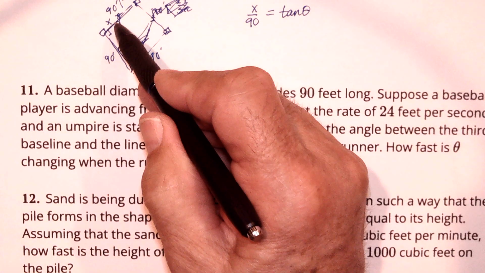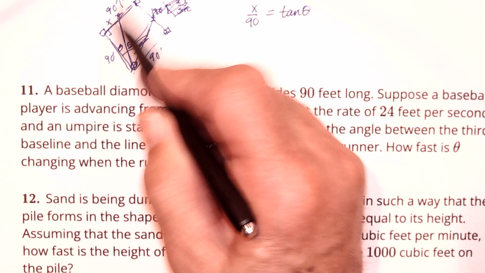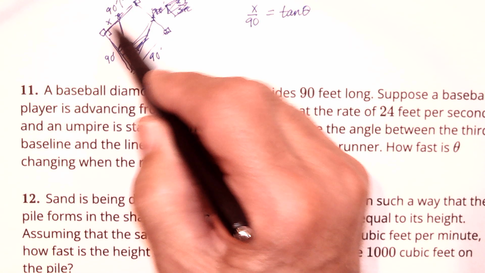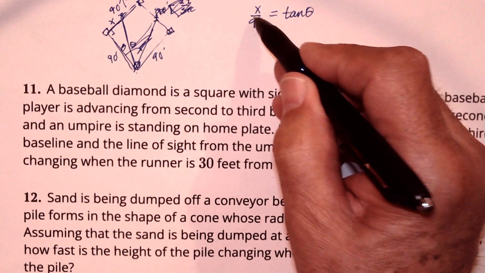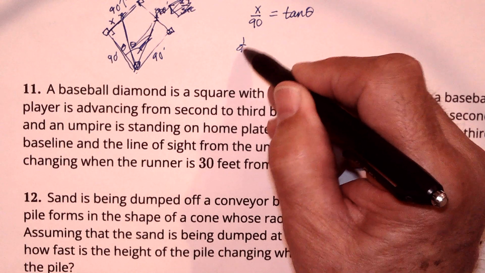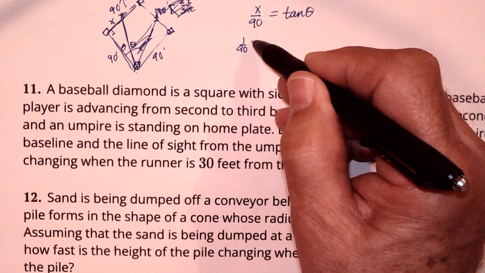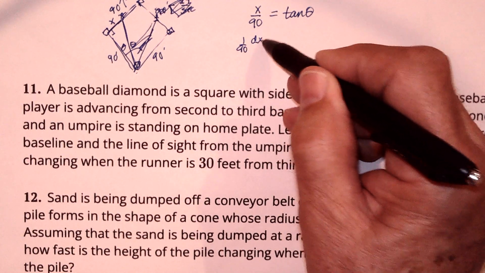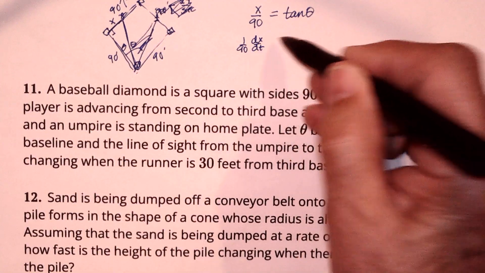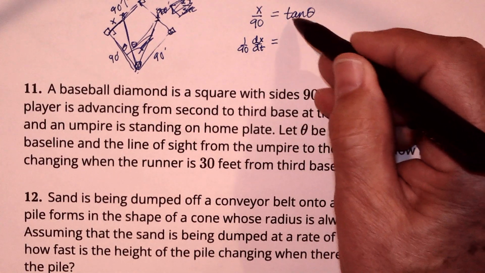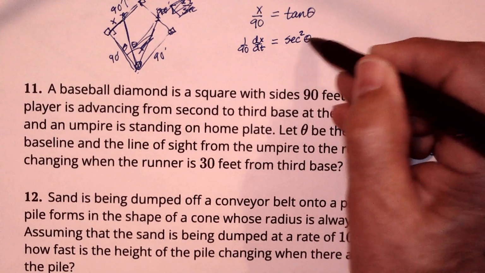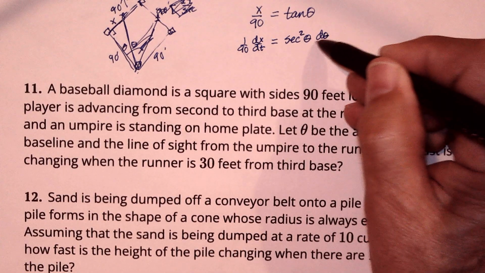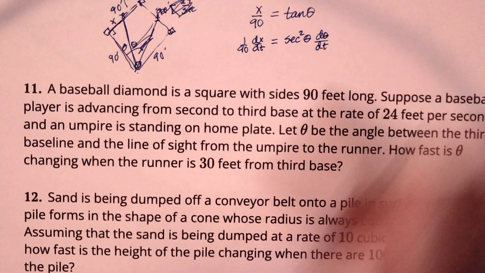Now this is changing, so we don't use the rate anywhere until we take the derivative. So this is 1/90th. The derivative of x is dx/dt equals the derivative of tangent theta, which is secant squared theta d theta/dt.